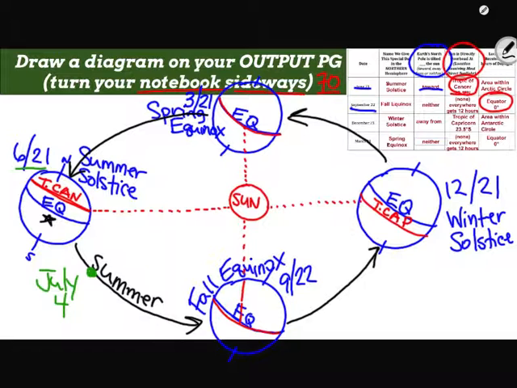And then if this is the fall equinox, then I know that this arrow represents the fall. And if this is December 21st, then I know that this arrow represents the season of winter, because December 21st is the winter solstice, which is the first day of winter.